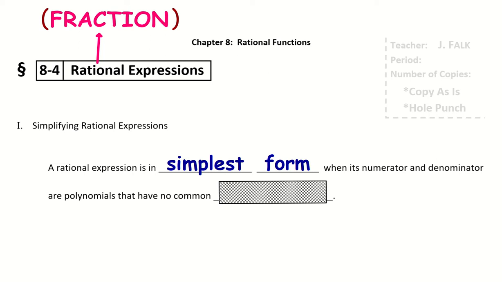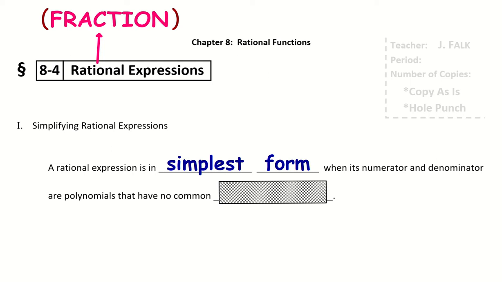So if you have a pretty good background on simplifying fractions, multiplying fractions, dividing fractions, we might even get into adding and subtracting fractions, you're in pretty good shape if you can remember just the basics of working with fractions.